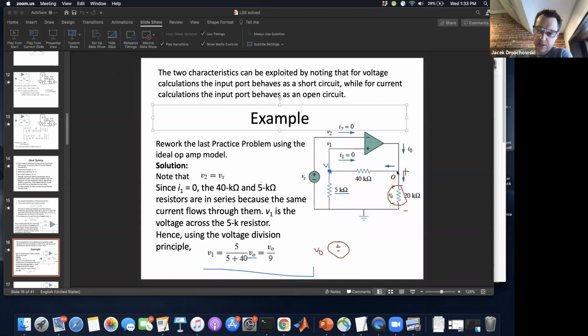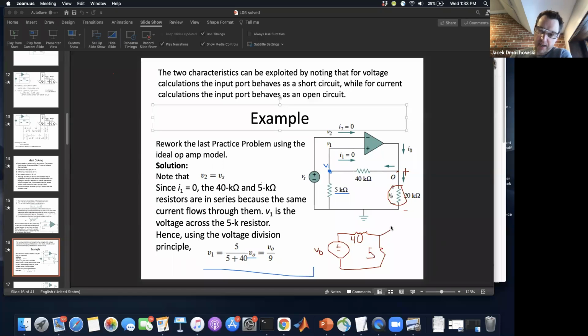Before it gets down to ground, it's going to go through a 40 and then a 5.